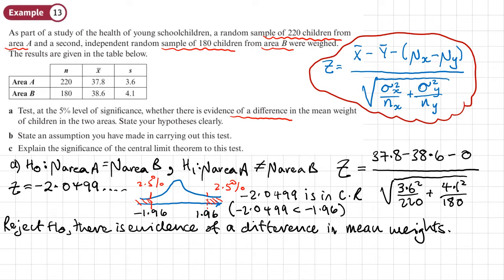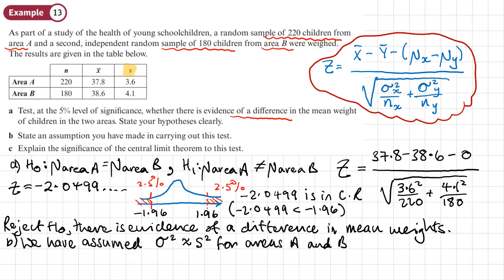Okay, part B. State an assumption you have made in carrying out this test. Well, notice that we have used the sample variance here, and the calculation requires the population variance.